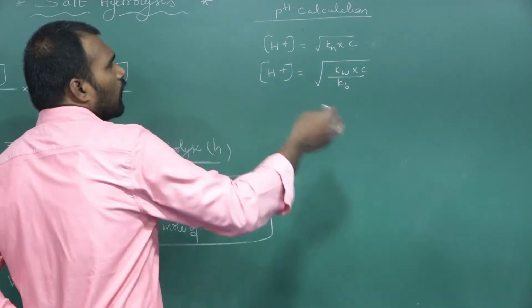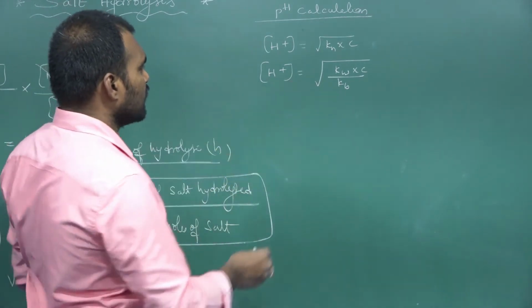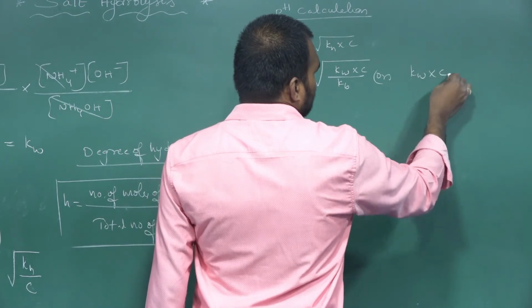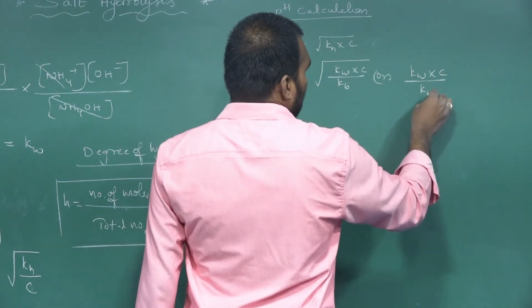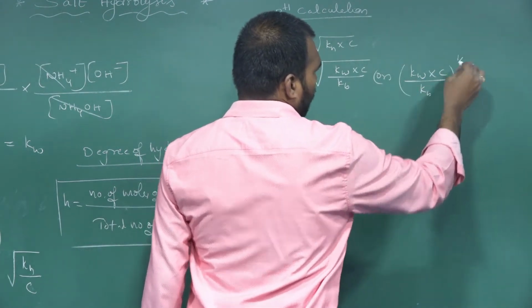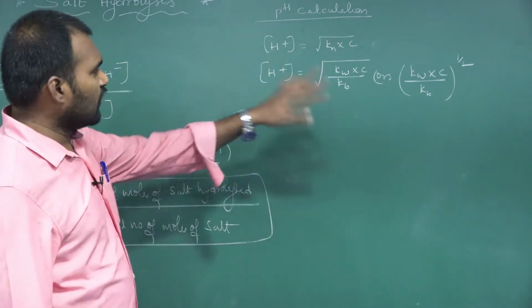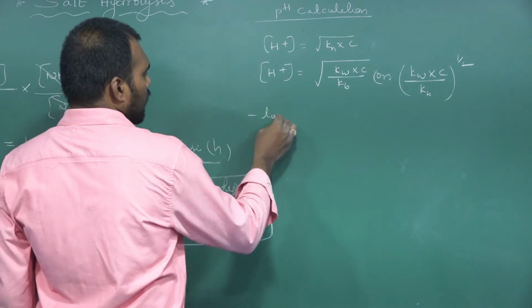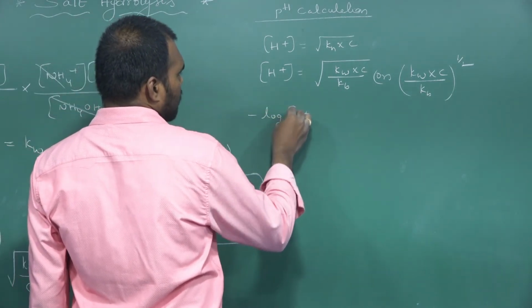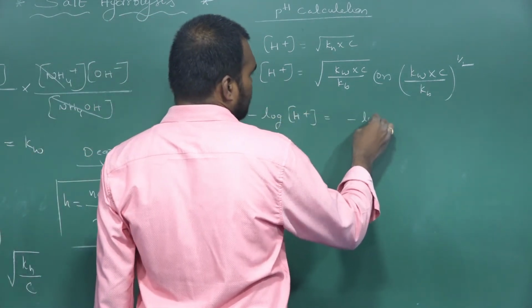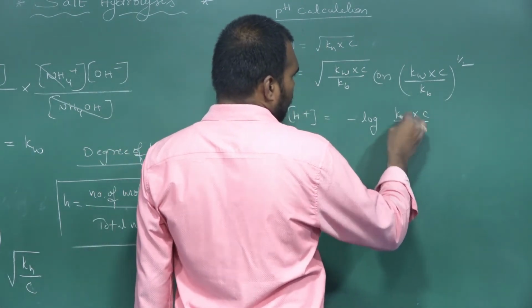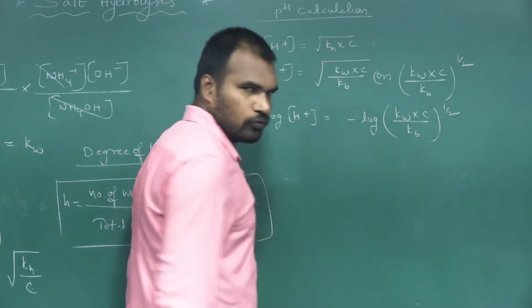Or else you can write this as Kw into C by Kb to the power of 1 by 2. Now you multiply both sides with negative log. So minus log of H plus concentration is equal to minus log of Kw into C by Kb to the power of 1 by 2.